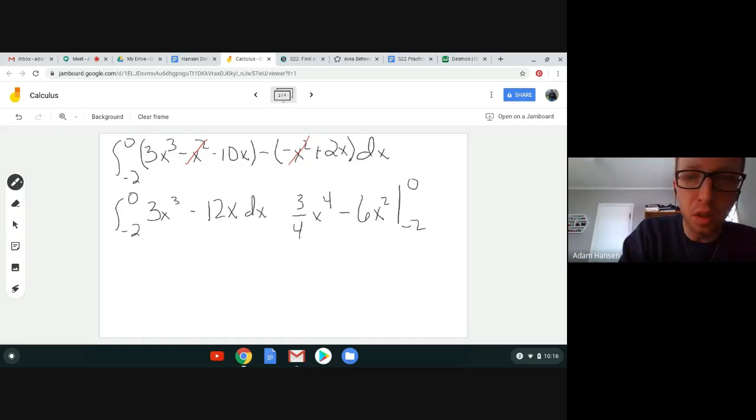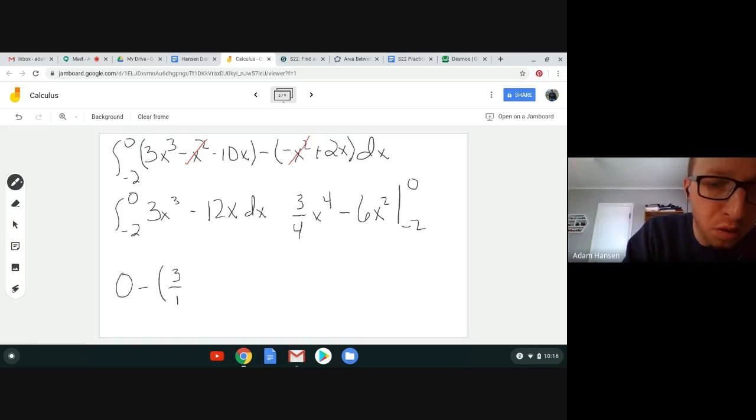Okay, we'll plug in 0. Well, when I plug in 0, I'm just going to get 0. So 0 minus what I get when I plug in -2. Well, -2 to the 4th should be positive 16.